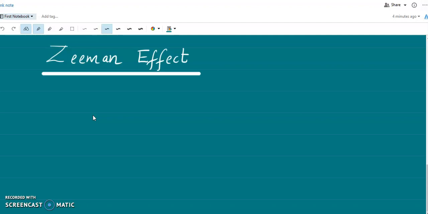So we can say that the normal Zeeman effect occurs in the case of singlets. Singlets means those states having multiplicity 2s plus 1 equal to 1. 2s plus 1 equal to 1 means s is equal to 0.